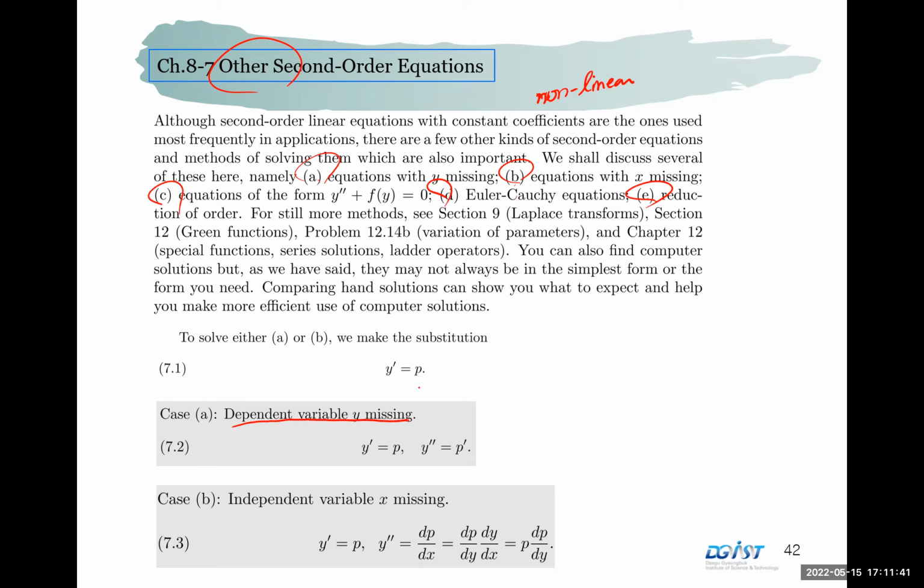Here, we let y prime be p, and y double prime is p prime. And sometimes we encounter such kind of problem in which the independent variable x is missing. So y prime is p and y double prime is dp dx. And if we rewrite this again, then we can write p dp dy.